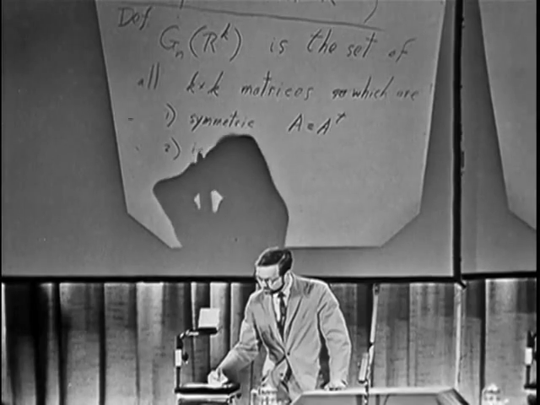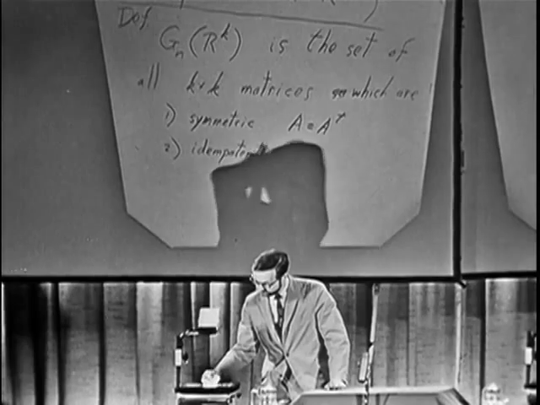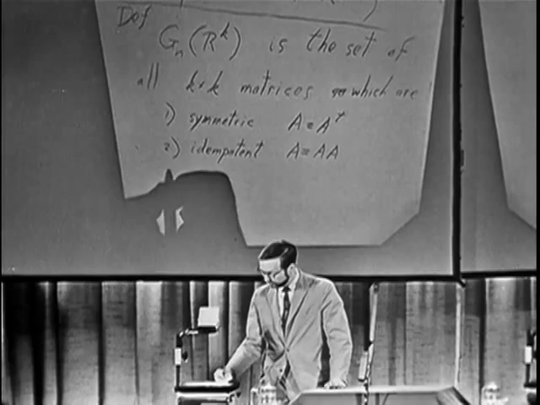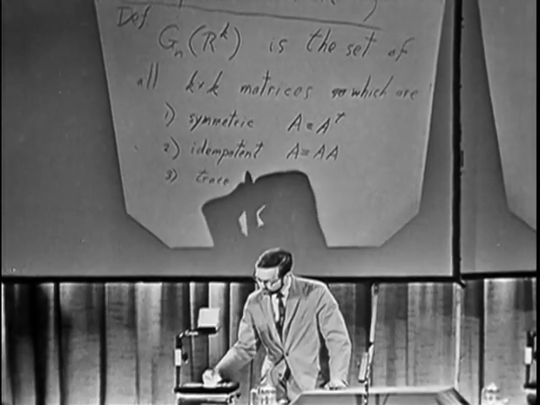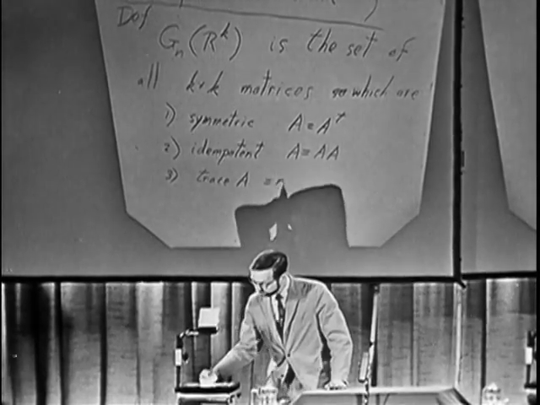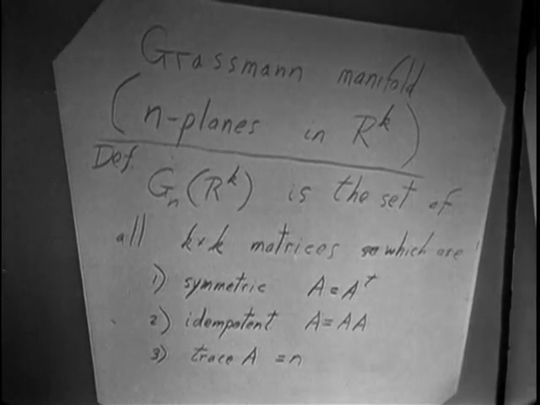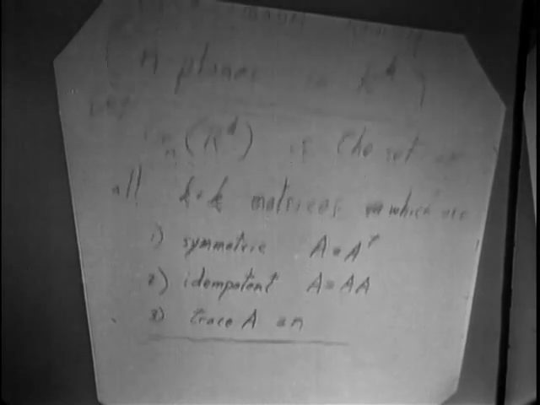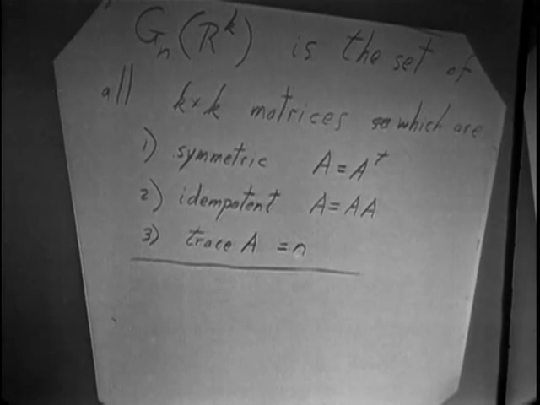The second condition is idempotent: A is equal to A times A. And the third condition is that the trace of A should equal n. This is the first time the integer n has come into the definition. Well, this seems like a rather arbitrary definition at the moment, but let's look at it and see what it means.